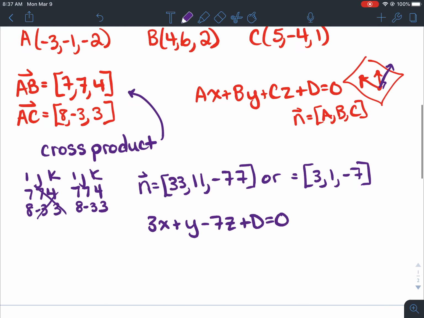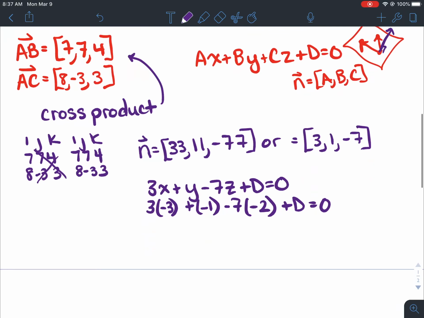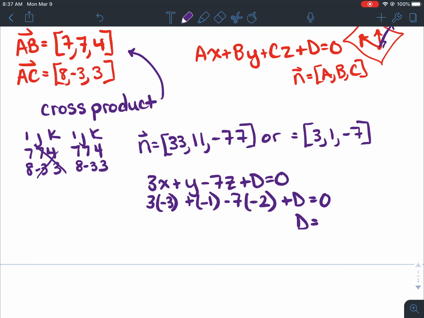So A was -3, -1, and -2. And solving that equation, we'll figure out that d is equal to -4.